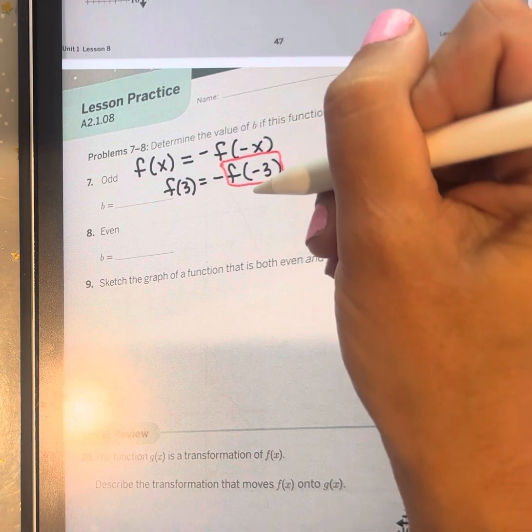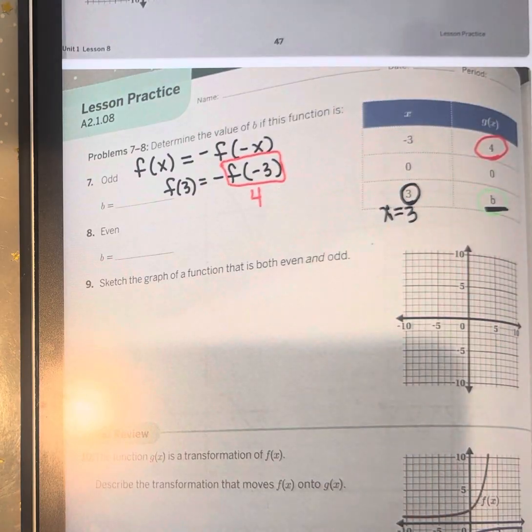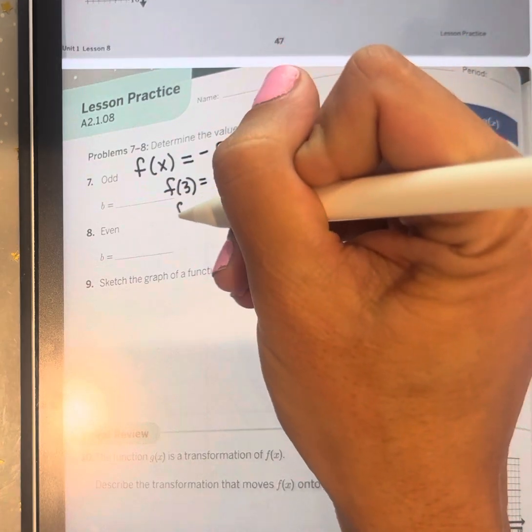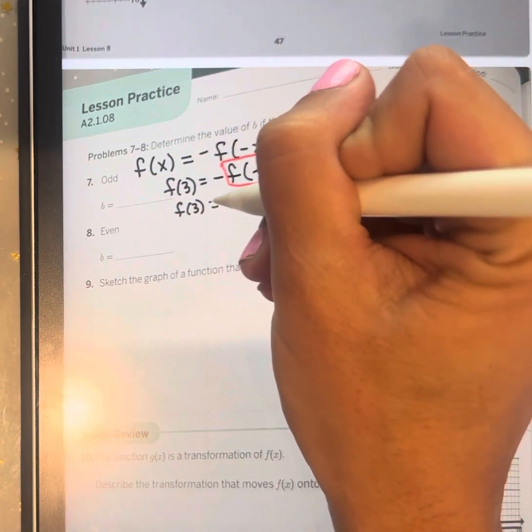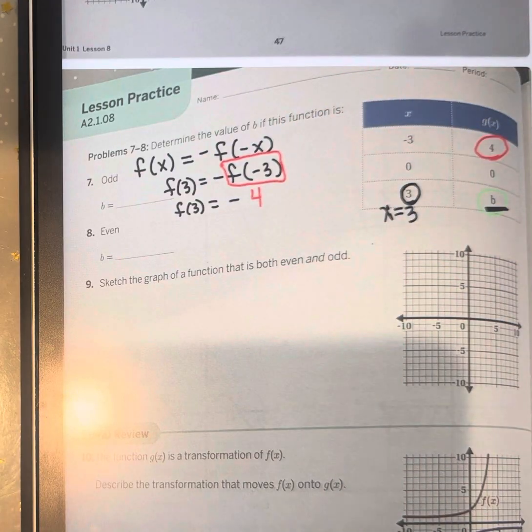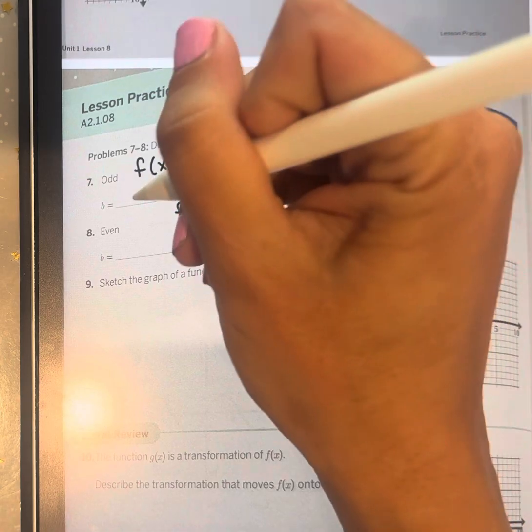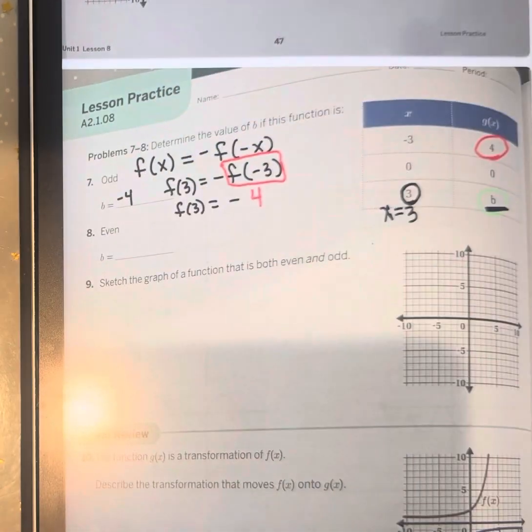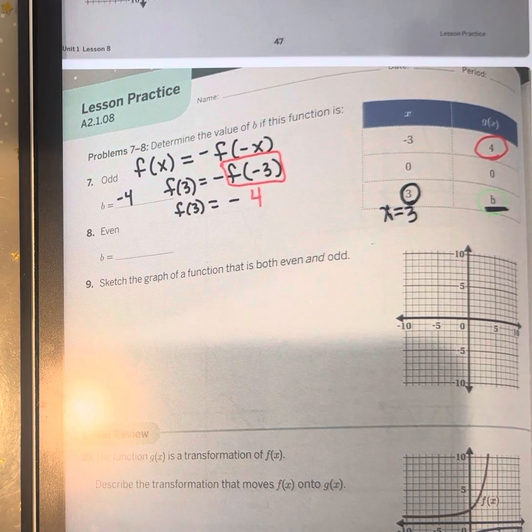Okay? So this portion right here, that's 4. Let's copy the rest of this down. f of 3 equals negative 4. And f of 3 is b. So b is negative 4. Okay? In order to be odd, remember, opposite x values need to have opposite y values.